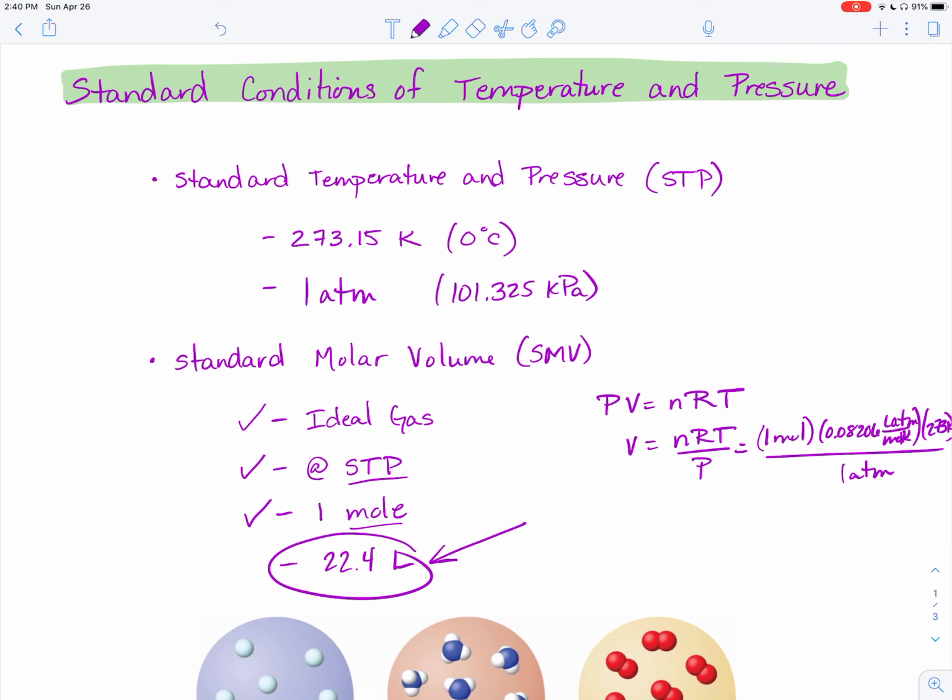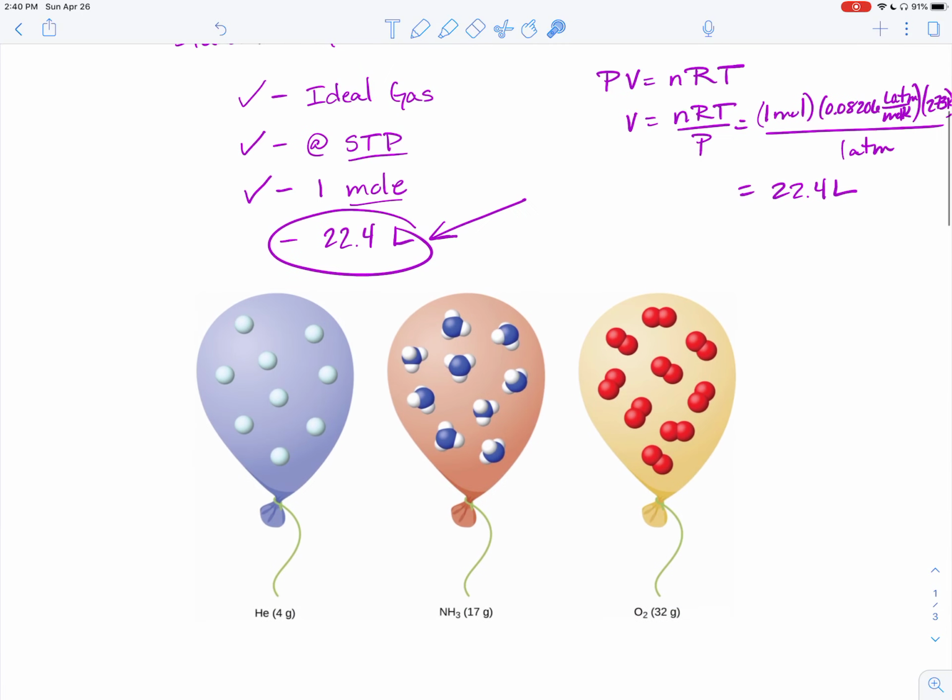If you plug this into your calculator, guess what? You get 22.4 liters. And nowhere in here did I indicate anything about what kind of gas it is. It's because it doesn't matter. All gases at 1 mole amount using standard temperature and pressure have approximately 22.4 liters in volume. You can kind of see this in these balloons down here.